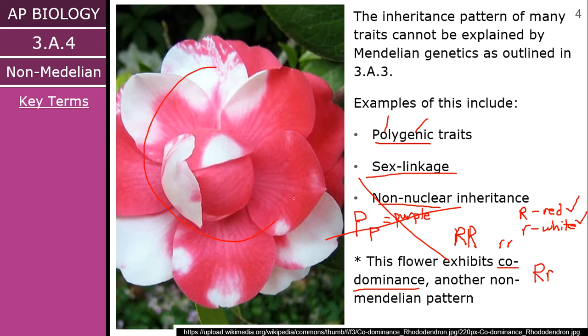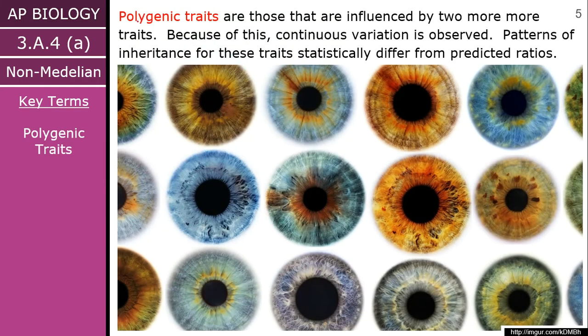That's what I have going on in this picture right here. It's not that I'm blending them together to make a pink all the way around. I have red and I have white showing. Both alleles are being expressed. So that's another thing that doesn't really play by the rules. I know that this is a lot to throw at you all at once, and that's why we're going to practice each of these different examples of non-Mendelian genetics, but I need you to start thinking about them.